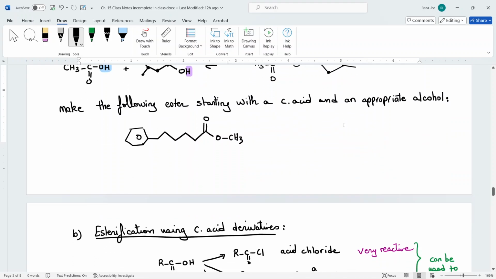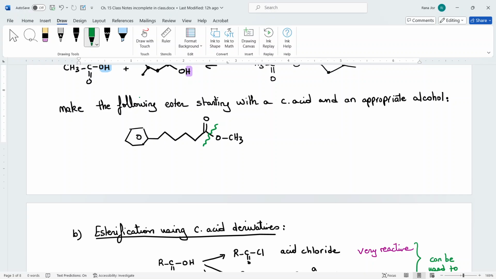Now, another way I can ask this question is I can give you the ester, and I can ask you to go ahead and make this ester. So to make this ester, we know that the ester needs to have an alcohol part and a carboxylic acid part. And we know that the easiest bond to break is the ester bond.